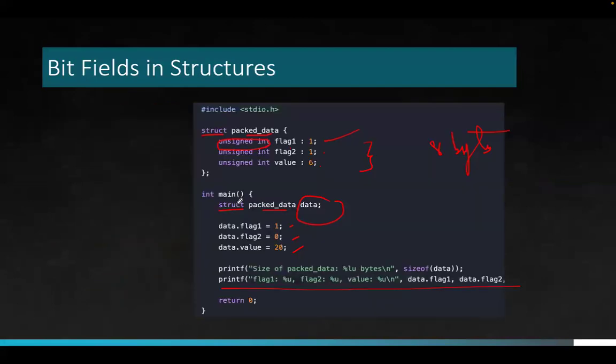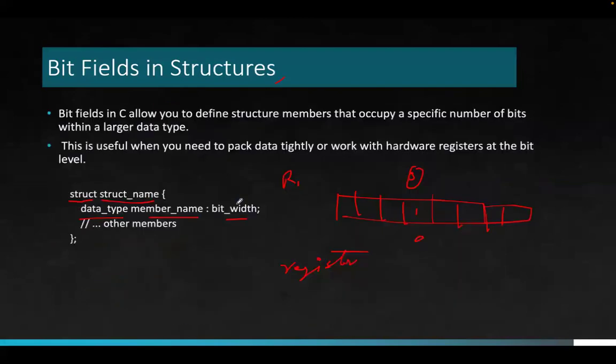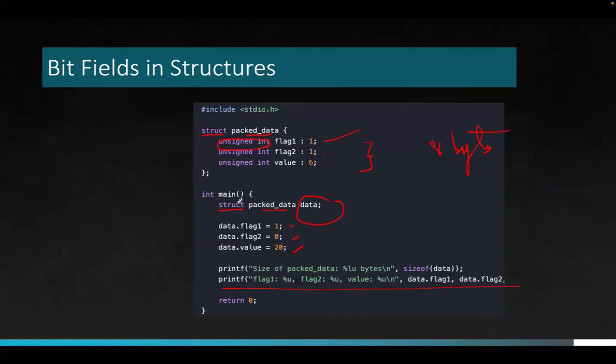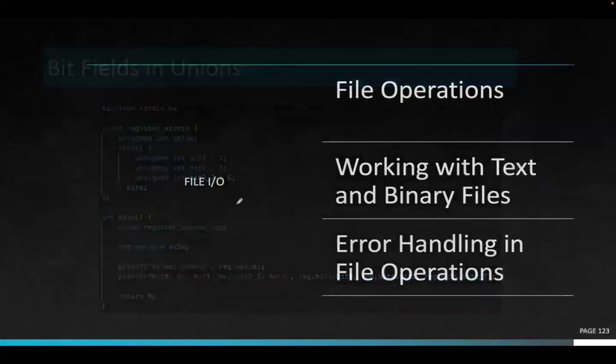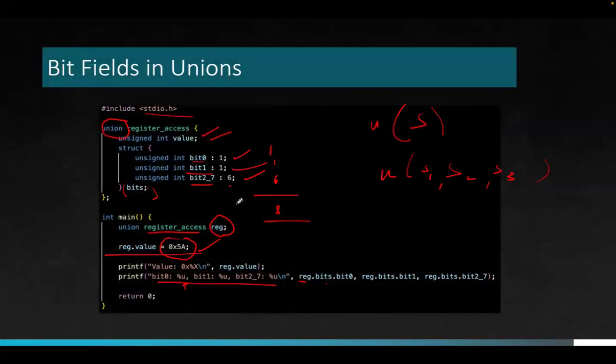One is bit unions and one is bit field structures. In bit field structures you will also have the same thing, but a union will hold only one value at a time. It will always hold the first member, which is the value. When you print the register access, you will get 0x5A. That's it.